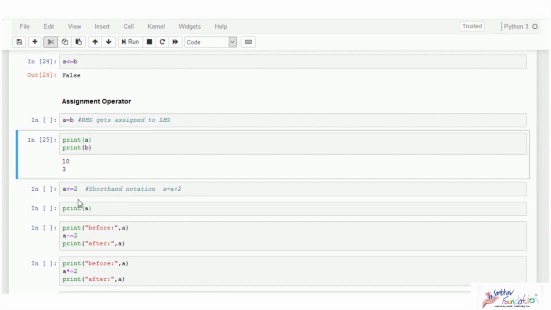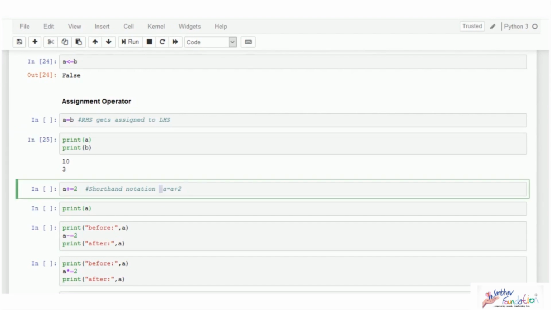Say we need to update the value of A by adding some number to A and storing it in A itself. That is something like A equal to A plus 2. So you are adding a number to A and storing the value in A itself. In such cases we can rewrite A equal to A plus 2 in this form, A plus equal to 2.